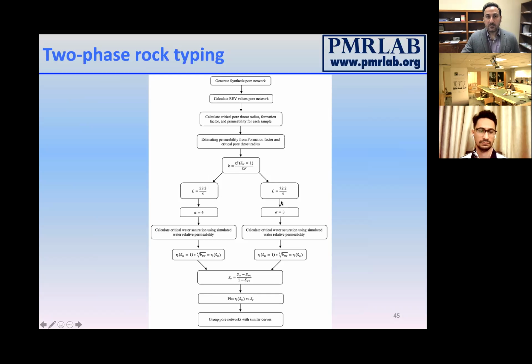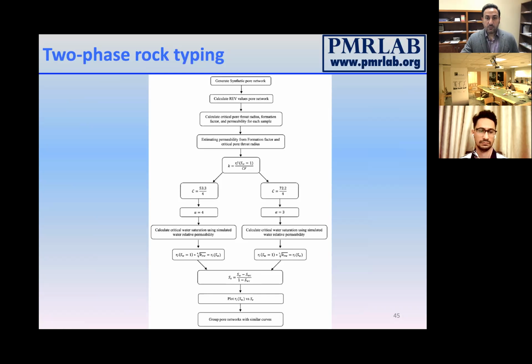After doing that, we could figure out what alpha is, if it is 3 or 4, and using that alpha, we converted water relative permeability into critical pore radius out of these 2 relationships. And then we calculated the effective saturation, which is water saturation minus critical water saturation divided by 1 minus SWC. SWC was derived from the water relative permeability curve.